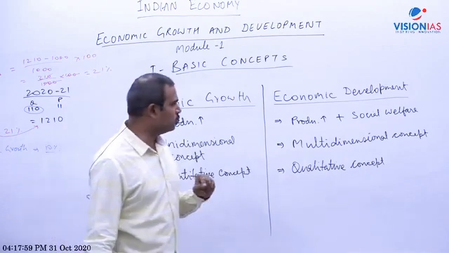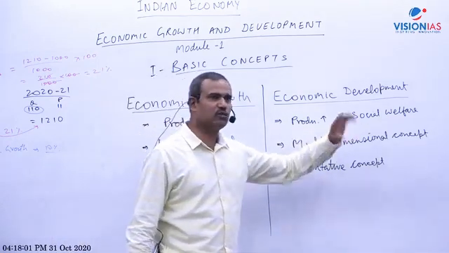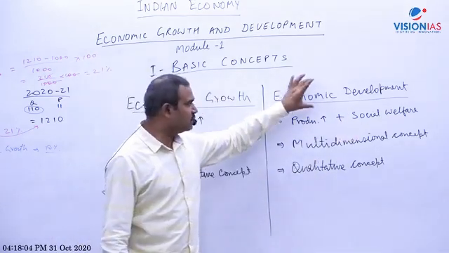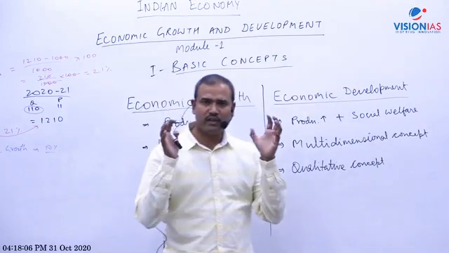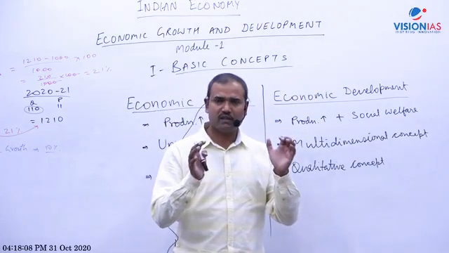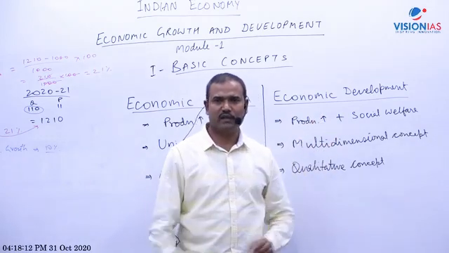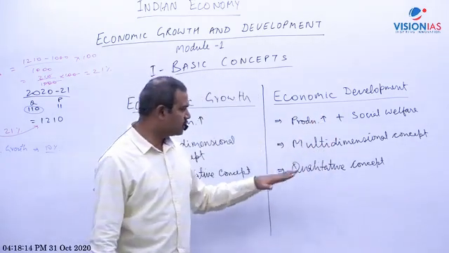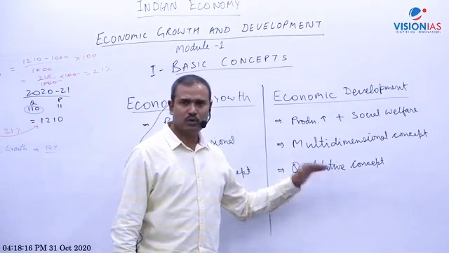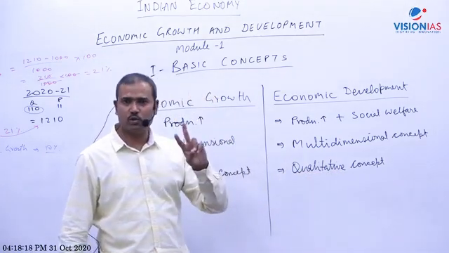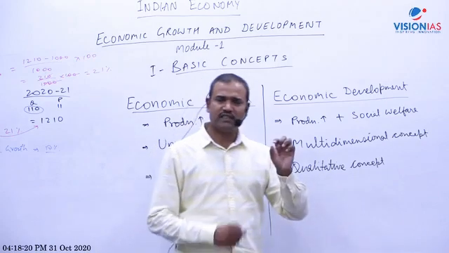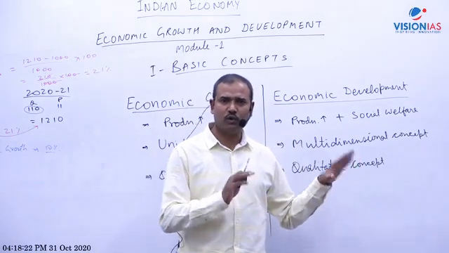Why have you written both? You said it is quantitative, it is qualitative, so both. No, the concept is one, overall. So overall, can you quantify development? Yes, you can quantify some dimensions, but the concept is one, right? Got the point? So the concept is qualitative. It is not quantitative and qualitative both. Some dimensions are quantitative, but the overall concept is qualitative.